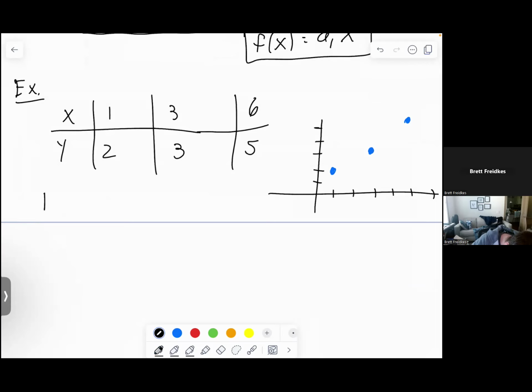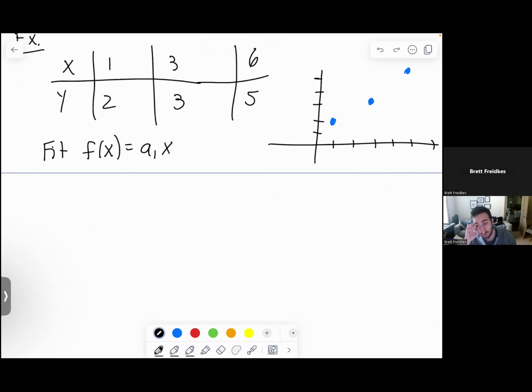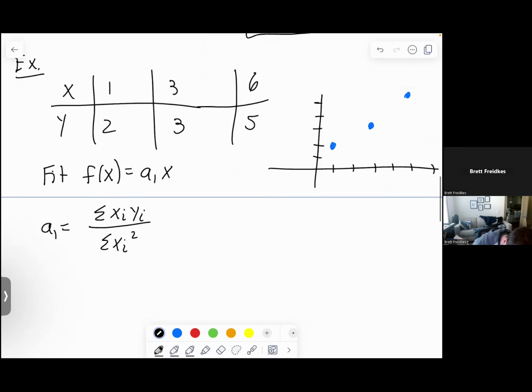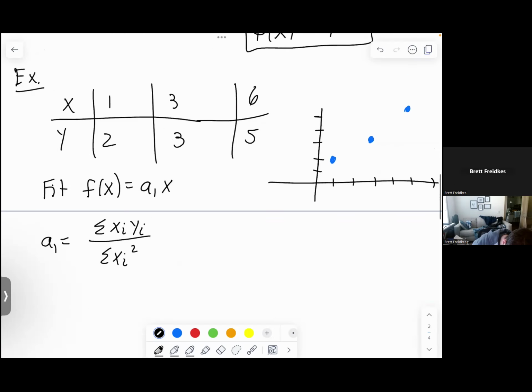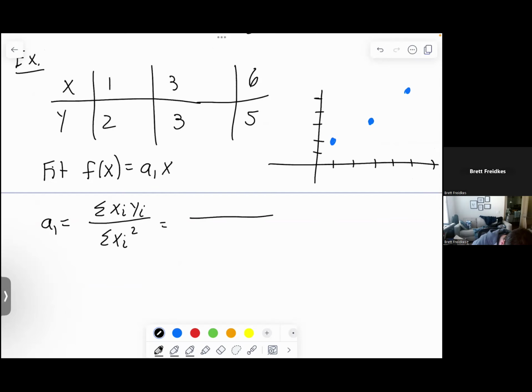So we're going to fit a function, rather, f of x is a1x to this. So what we'll do is we know what our equation for a1 is. We just found that it was the summation of xi yi over the summation of xi squared. So in the numerator, it's the summation of x times y.